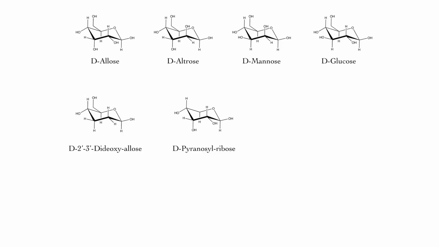And a pyranoside, this is like a six-membered ring version of ribose. Okay, so why is glucose not found in nucleic acids? Yet it's basically the most abundant organic molecule on this planet, in the biosphere anyway.